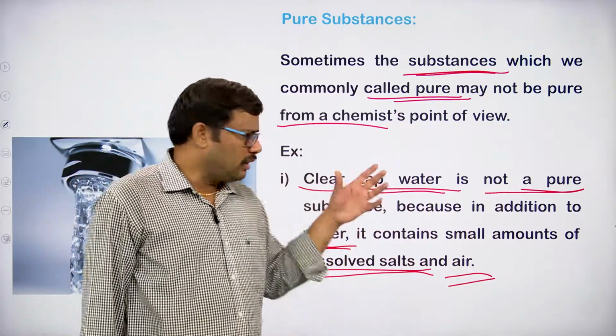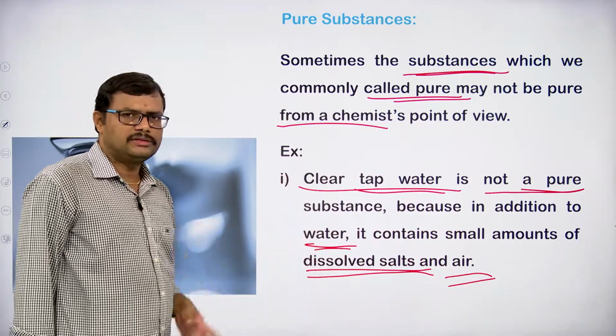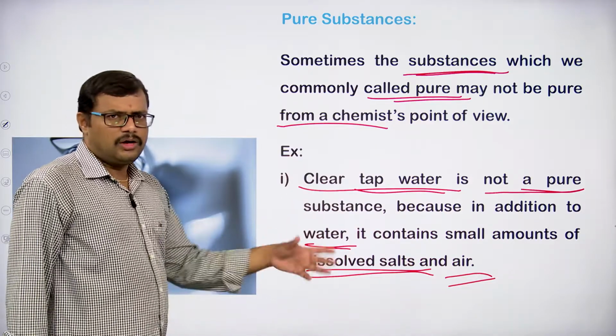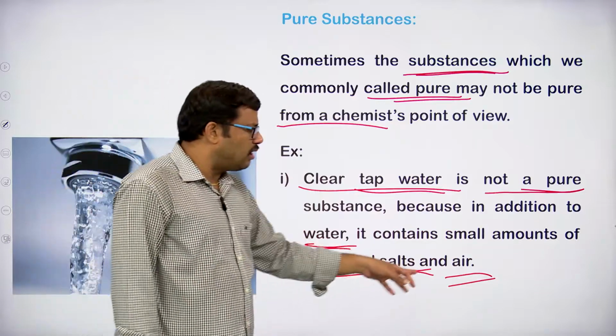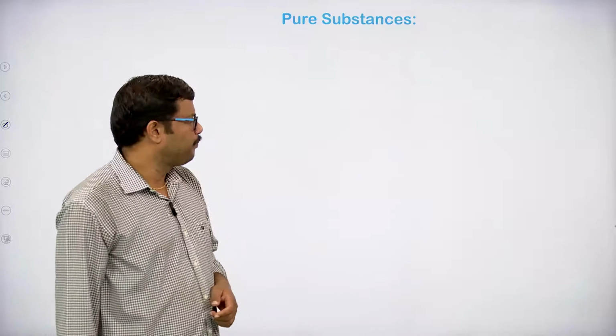So clear tap water is not a pure substance. In order to get pure water, you have to remove the salts and remove the air.